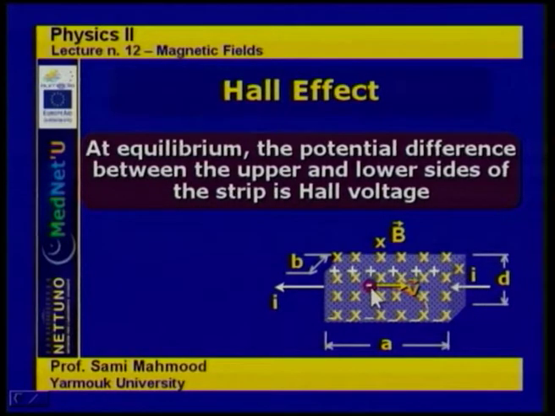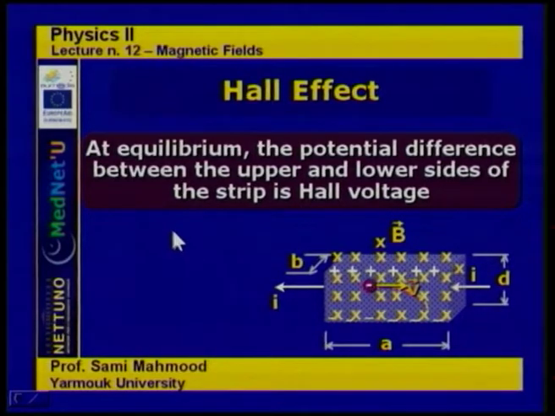So the negative charges will be drifting towards the lower or the bottom side of the strip. So the negative charges will accumulate on the bottom side, as shown here, and thus a residual positive charge will be residing on the upper side of the strip.